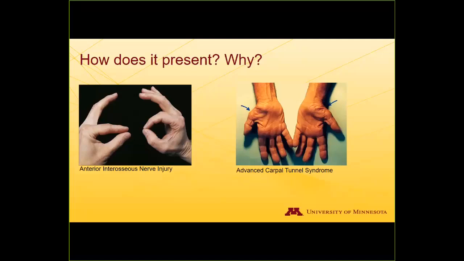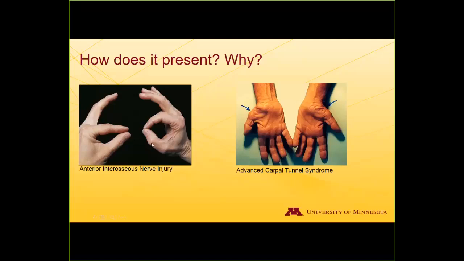There's only one other flexor of the thumb: the flexor pollicis longus, which, as I mentioned earlier, is innervated by the anterior interosseous nerve. It's responsible for flexing the IP joint of the thumb.